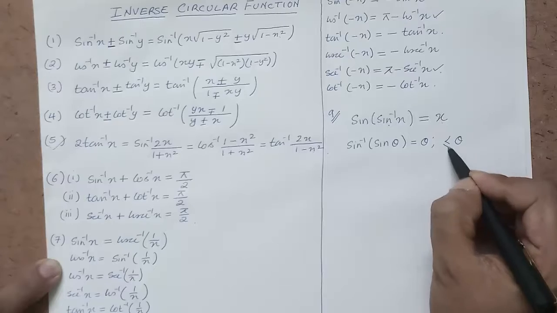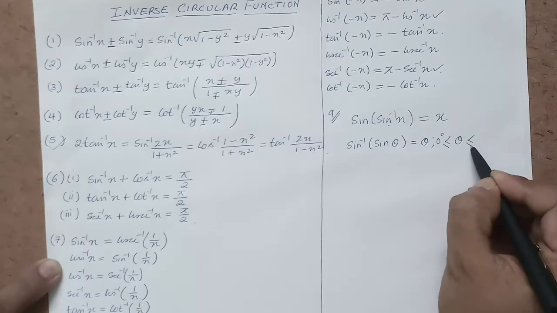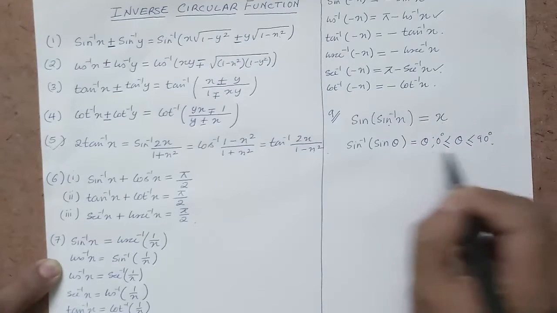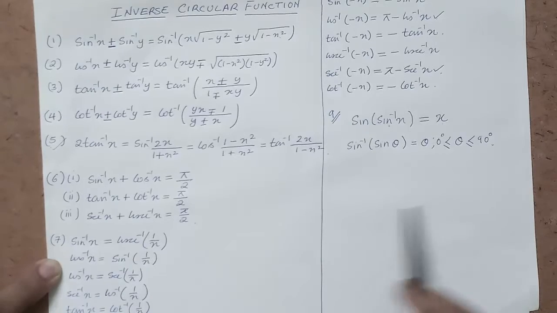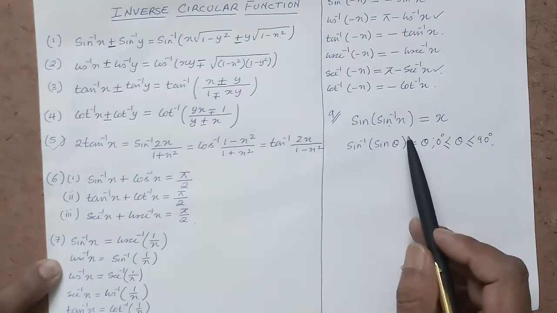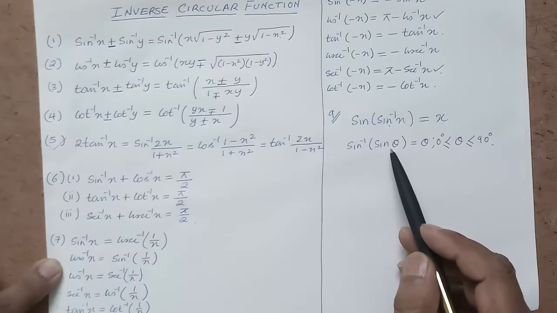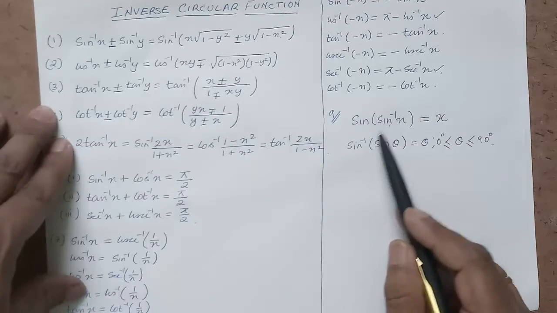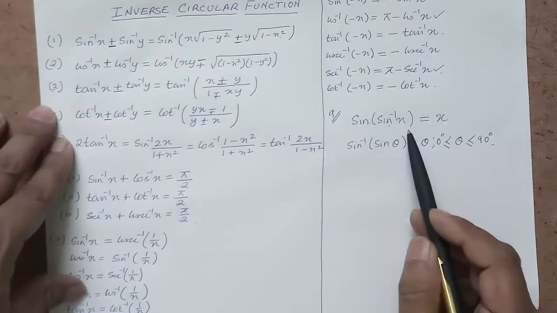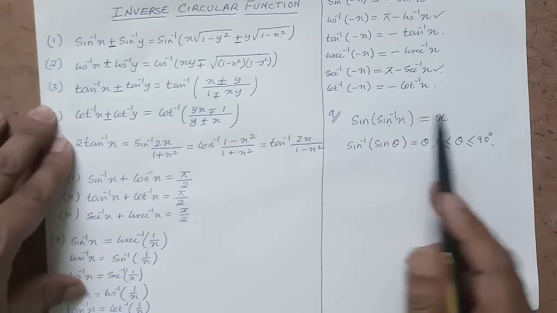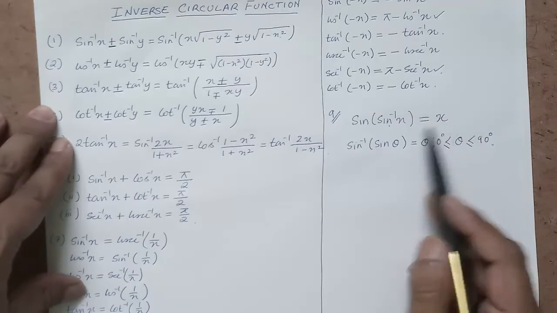Theta must be greater than or equal to 0 degree and less than or equal to 90 degree. In this case only we can use this property, and this property is applicable to all trigonometrical ratios, all 6 trigonometrical ratios. Tan of tan inverse x is also x. Cot of cot inverse x is also x.